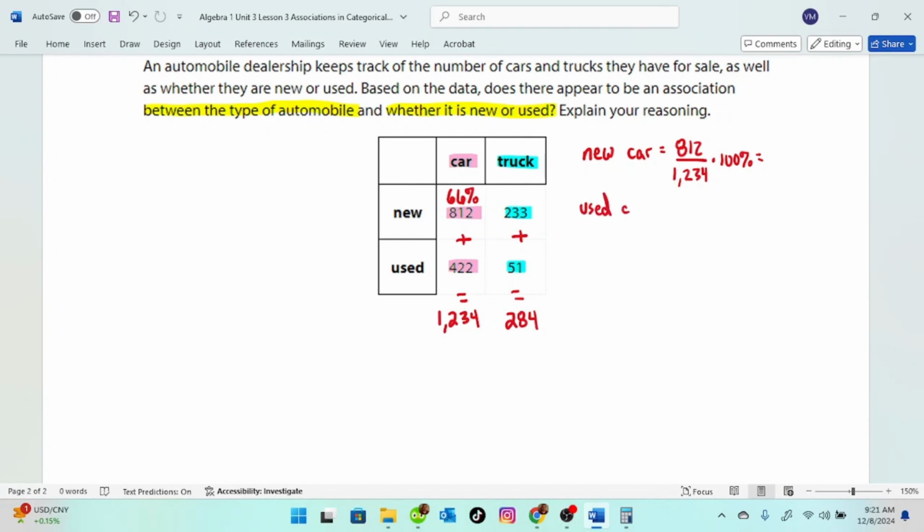Used car equals 422 divided by 1,234 times 100%.